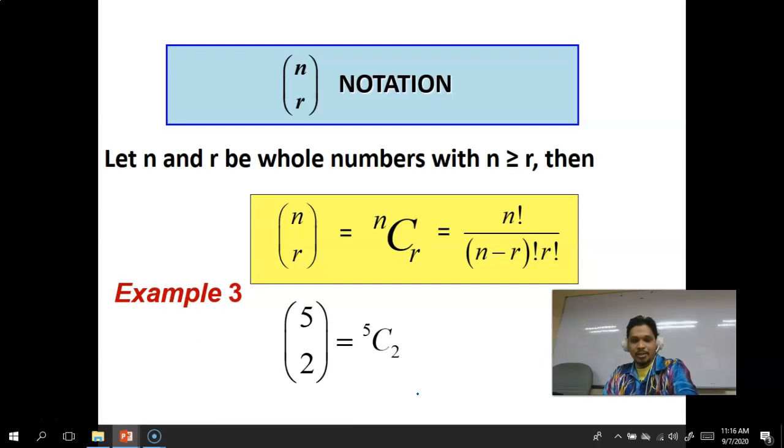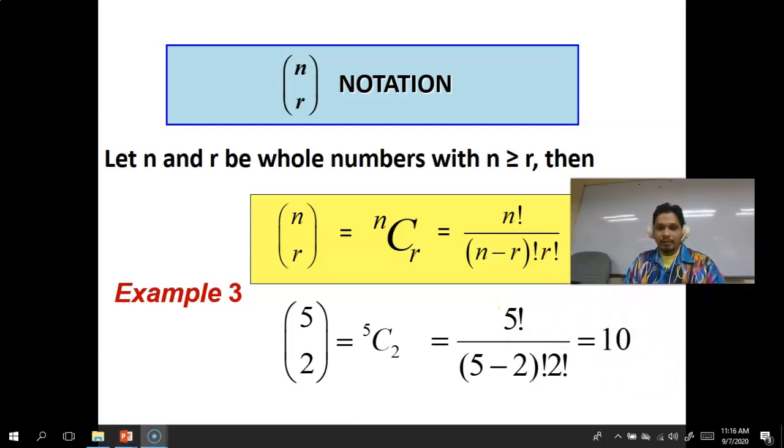So what do we get then? 5 factorial divided by (5 minus 2), and this will give you 3 factorial, and 2 factorial. So 5 here is 5 times 4 times 3 factorial. So 5 times 4 equals 20, divided by 2 factorial. 2 factorial is 2 times 1 equals 2. 20 divided by 2 equals 10.